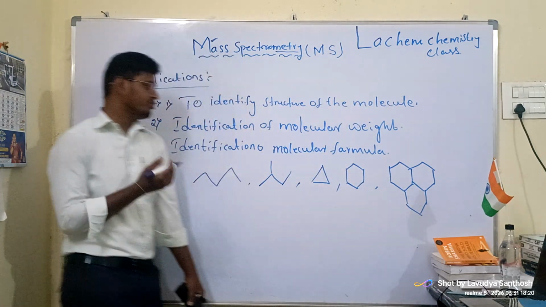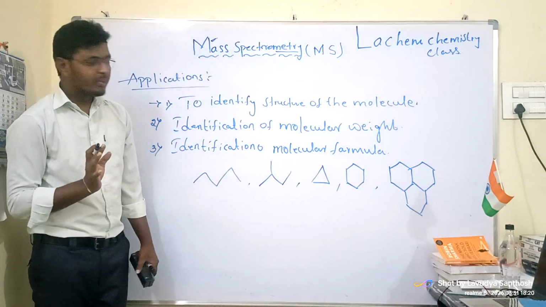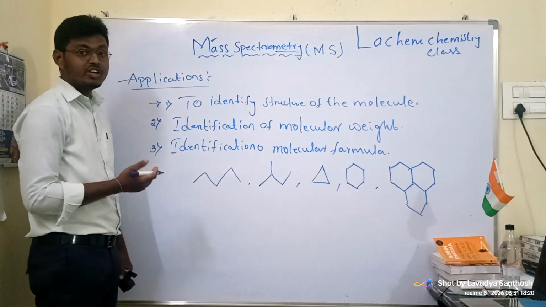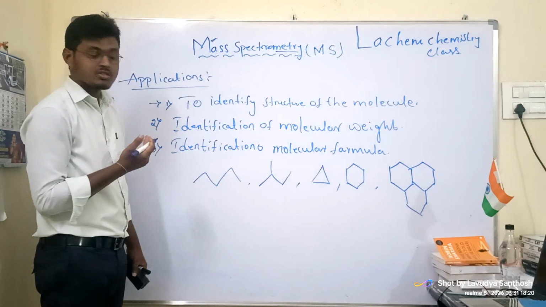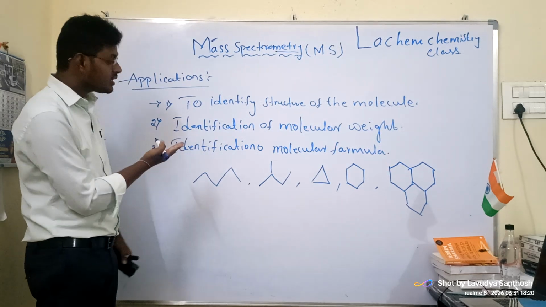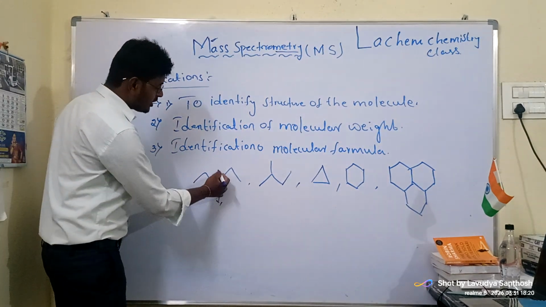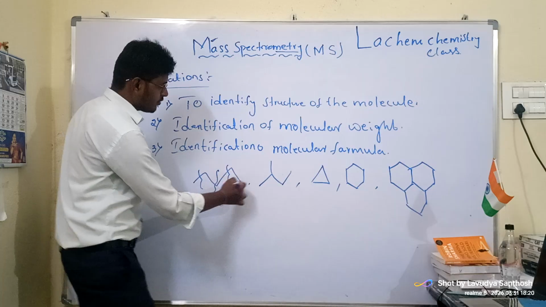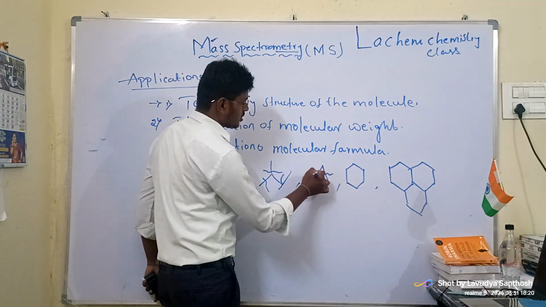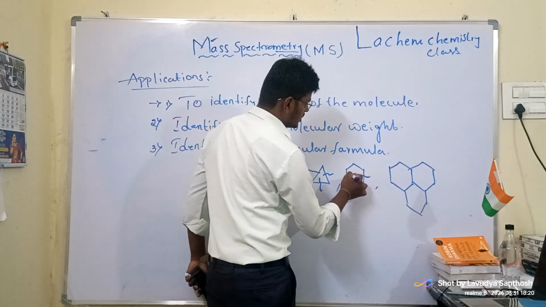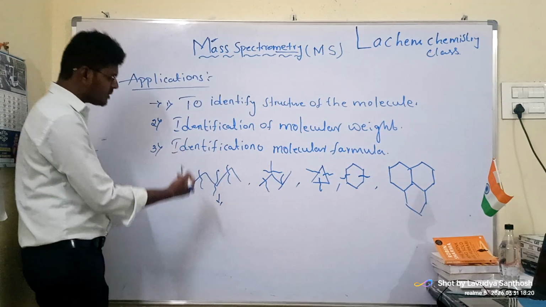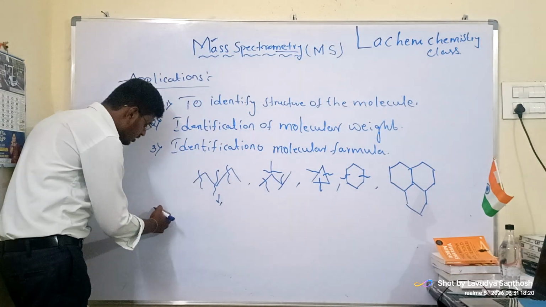The molecule whose structure we don't know, when we bombard or collide it, we get to know what the fragments are. For example, here we can get these fragments, something else in this.